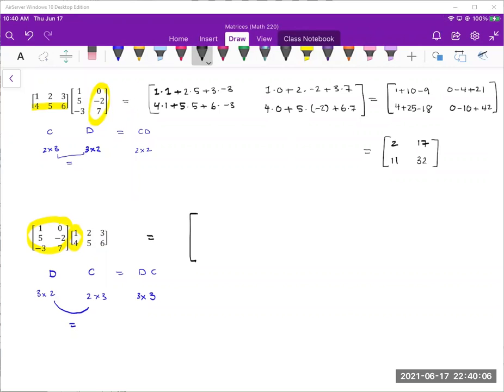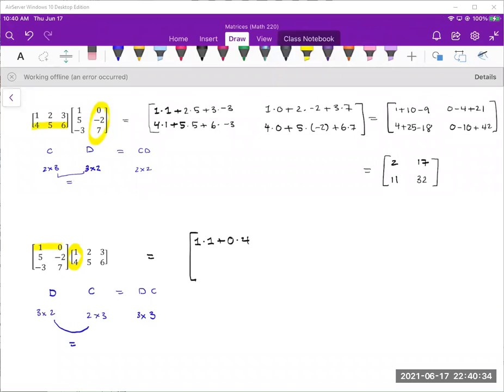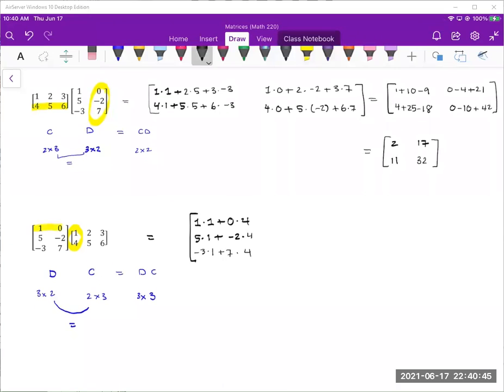So we have 1 times 1 plus 0 times 4. Then we have 5 times 1 plus negative 2 times 4. And then negative 3 times 1 plus 7 times 4. This is going to be column 1.